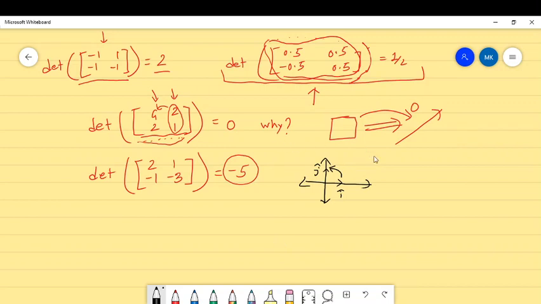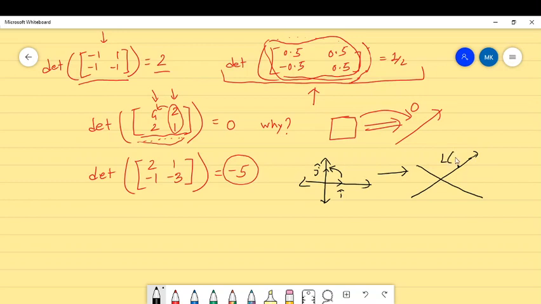So let's say after the linear transformation, which means after multiplying with a particular matrix, you have a particular orientation like this. Your space becomes like this, and here comes your I cap.